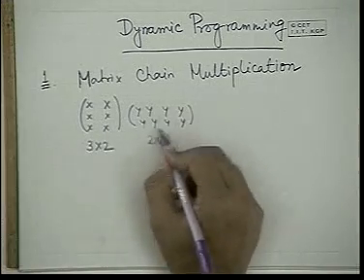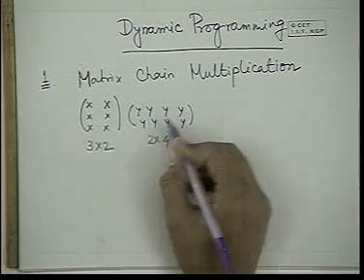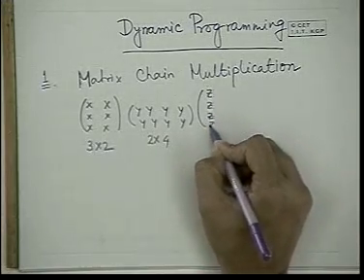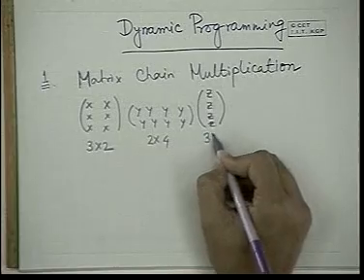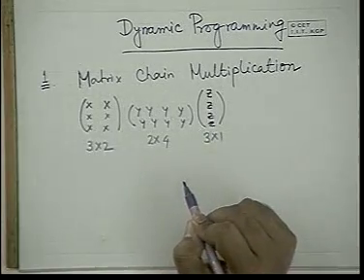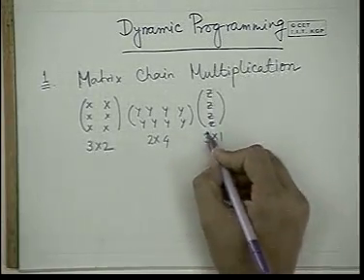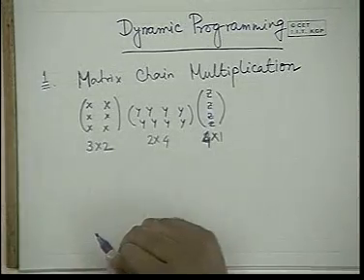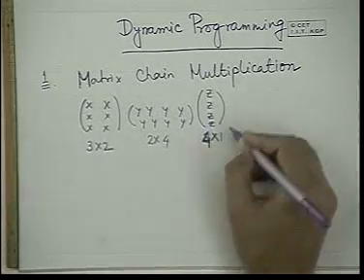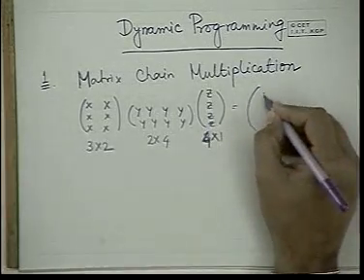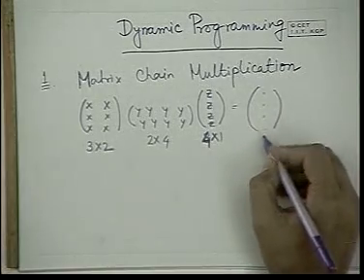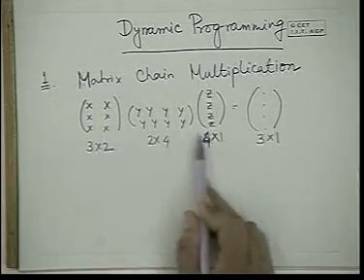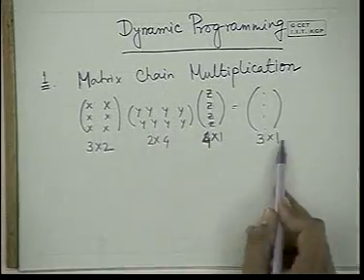Again, I am not putting any particular values. Then I have a 4 by 1 matrix, and this will create a matrix which is 3 by 1. So we have to multiply these matrices and create this matrix.